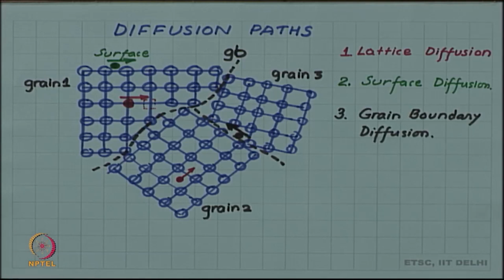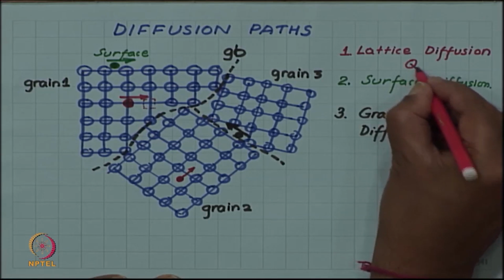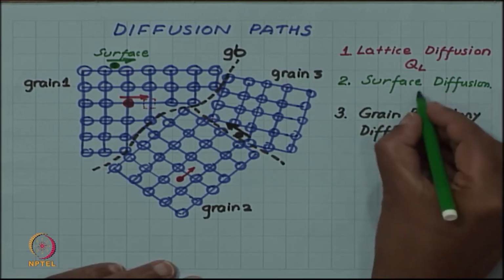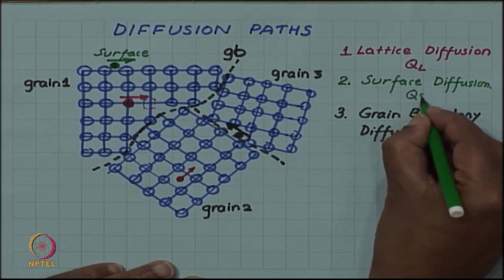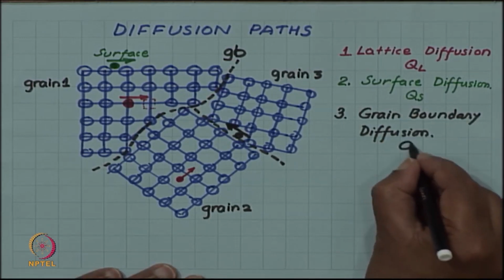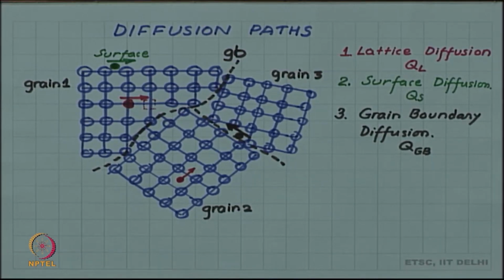And of course, each of these diffusion paths will have its own activation energy. For lattice diffusion there will be an activation energy, let us call that QL. For surface diffusion the activation energy will be QS, and for grain boundary diffusion it will be QGB.